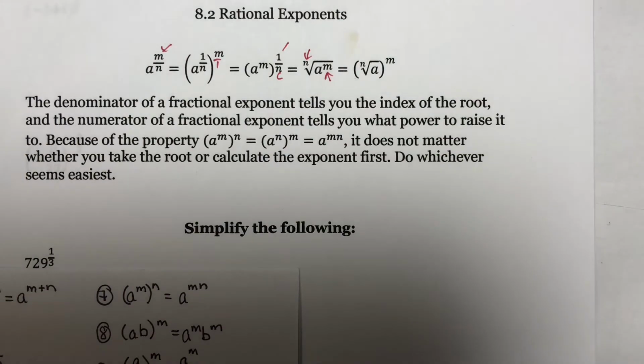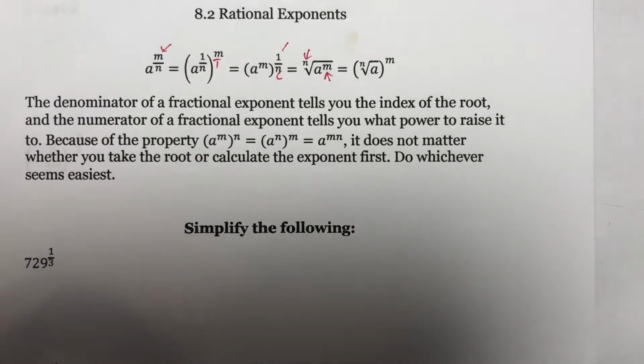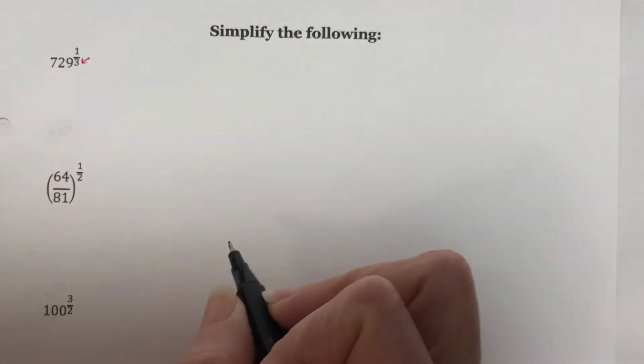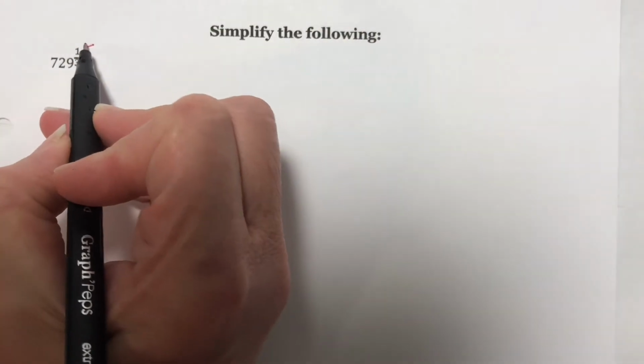Okay? So what we're going to do is look at simplifying the following ones. If I have 729 to the 1/3 power, this denominator tells you it's going to be a cube root. This numerator tells you it's going to be written to the first power.